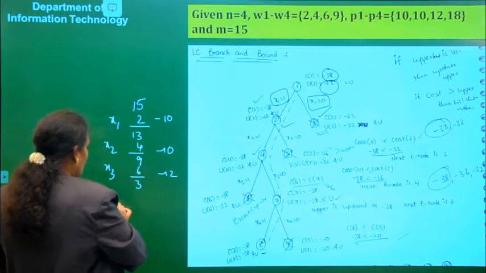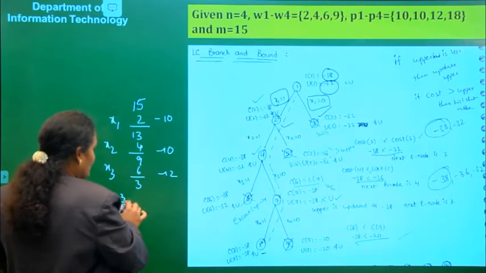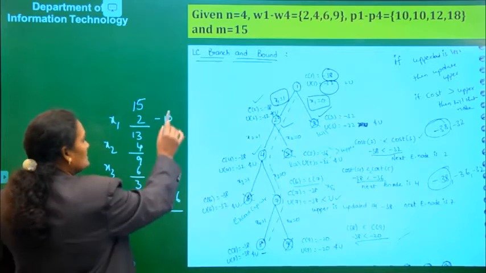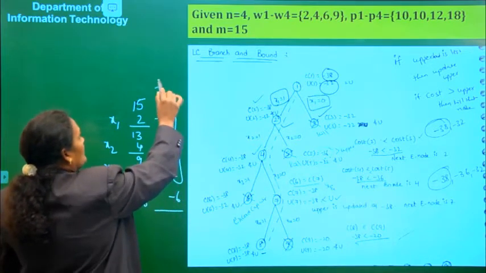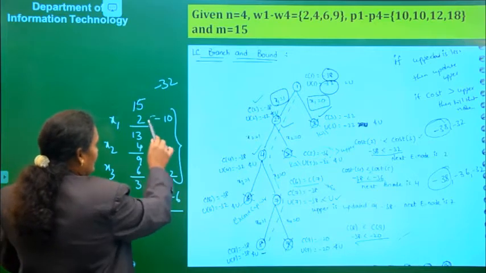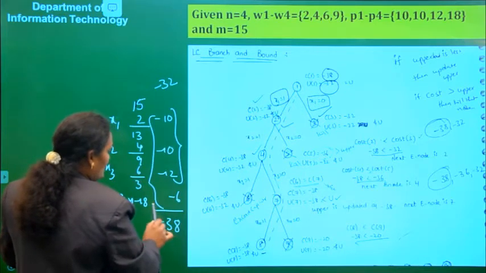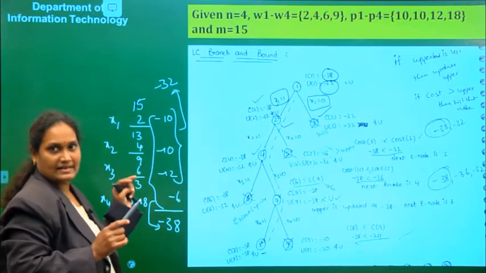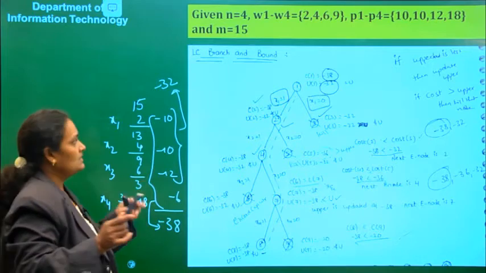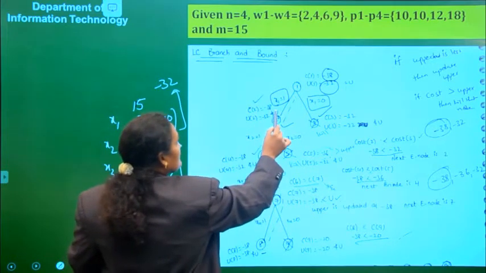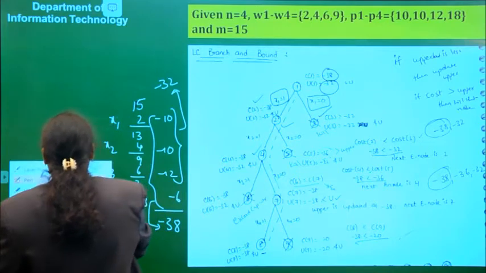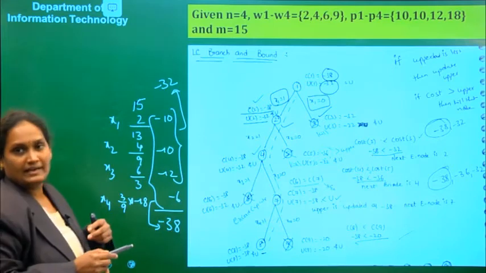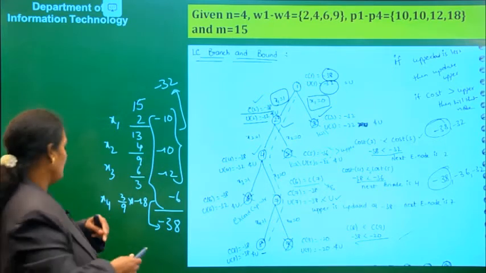Now x4 cannot be placed; only 3 by 9th part of x4 can be placed, so its profit is minus 6. This is considered as the upper bound and the entire sum is considered as the lower bound. So at node 2, the lower bound becomes minus 38 and the upper bound becomes minus 32.